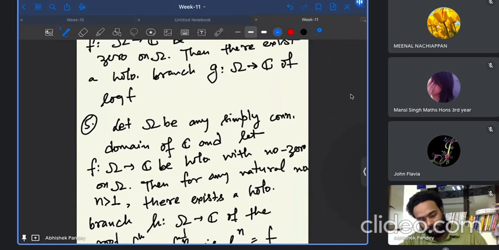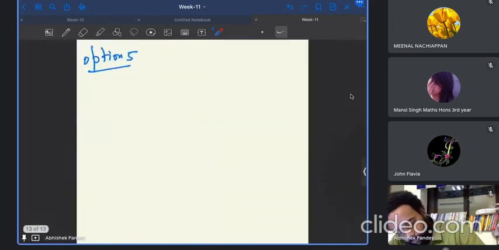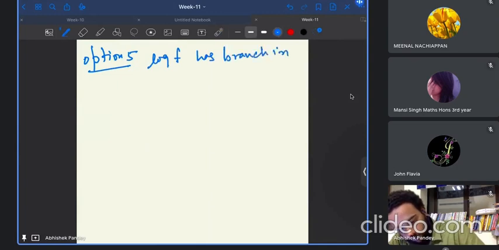Up to this, it means that log of f has a branch in omega.